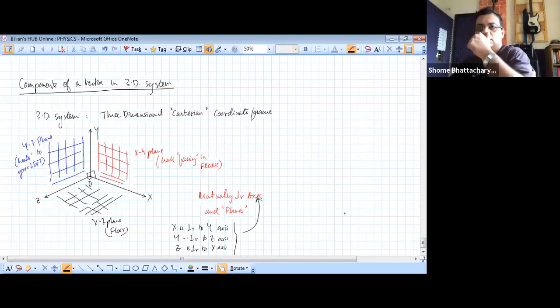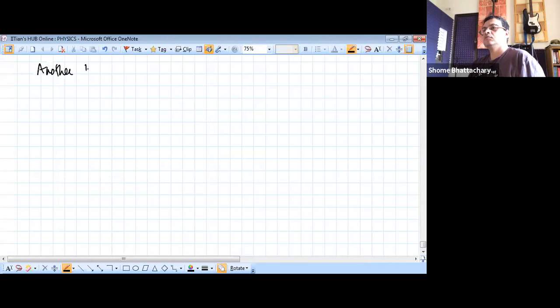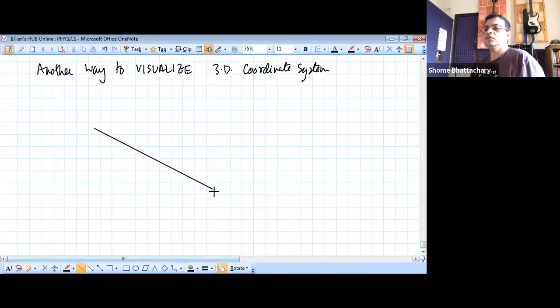So another way to visualize the three-dimensional coordinate system is that just imagine you have a rectangular box, a cuboidal kind of box.